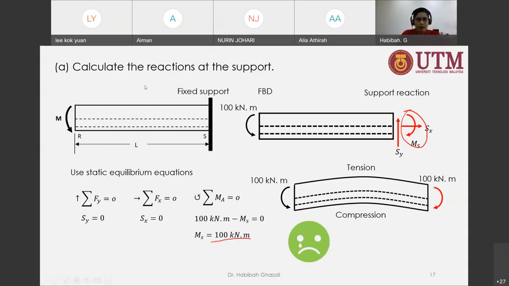So if you have calculated all this correctly, you show all the steps. If you notice for test one, when we do all our free body diagram, when you don't have your dimensions, you did not get 100% of that. You will get half only. Why? It's because your dimension is not shown.